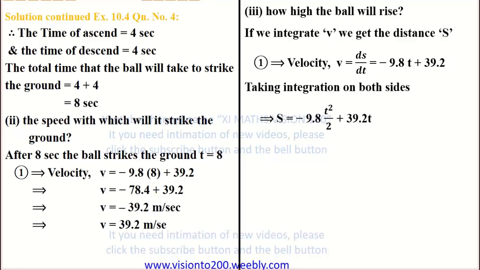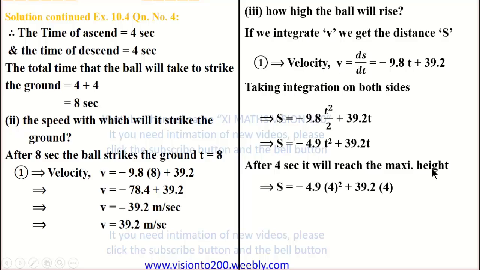minus 9.8 t, integration gives t square by 2, and the constant integrates to 39.2 into t. Cancelling, 9.8 by 2 is 4.9. So s is equal to minus 4.9 t square plus 39.2 t. After 4 seconds, it will reach the maximum height.